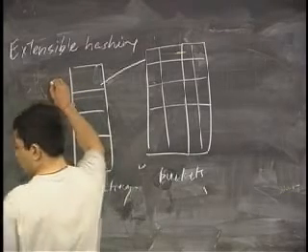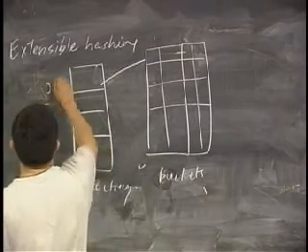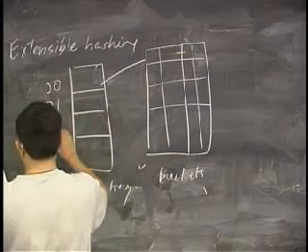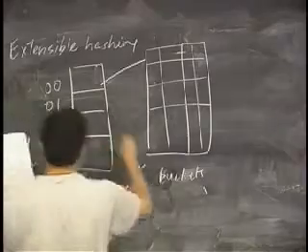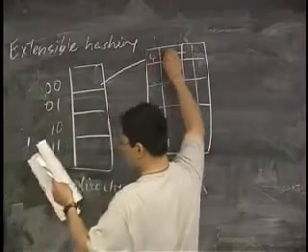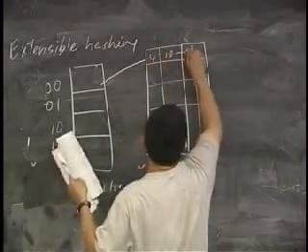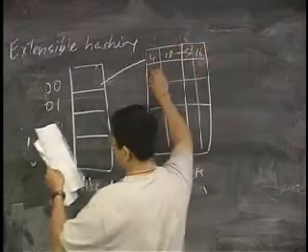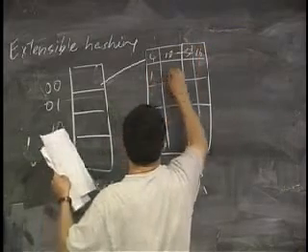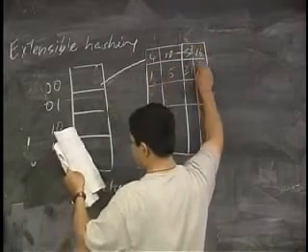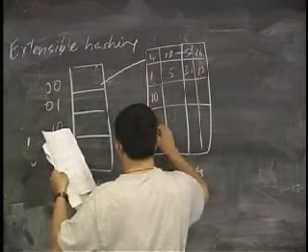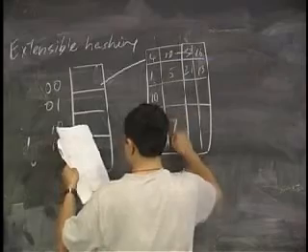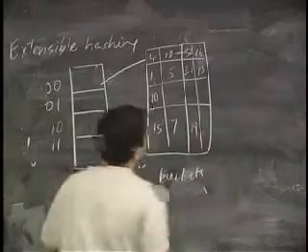So this is 00, 01, 10, 11. And the buckets have 4, 12, 32, 16, 1, 5, 21, 13, 10, 15, 7, 19.